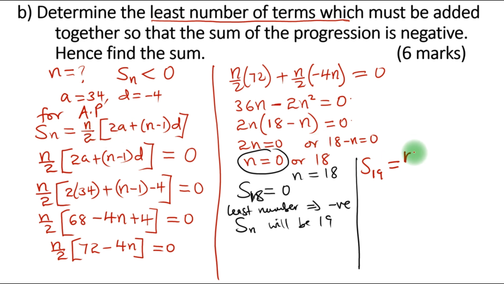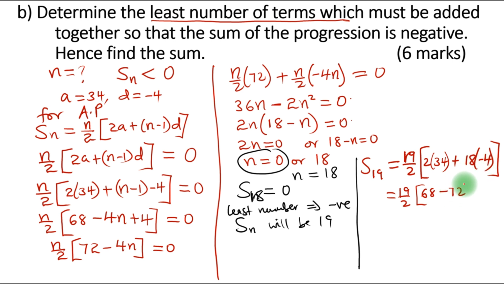So we have 19 over 2, bracket, we have 2 times 34, the first term, plus, now we have n is 19, 19 minus 1, that is 18, times common difference minus 4. So this will be 19 over 2, 2 times 34, that is 68, then minus 18 times 4, that is 72.